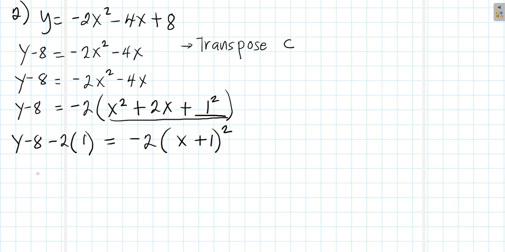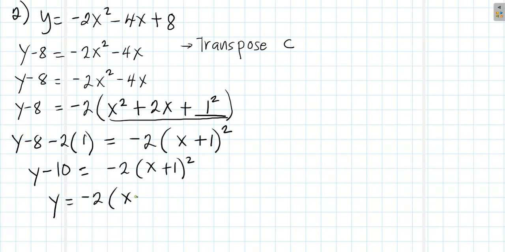So y minus 8 minus 2 is negative 10, equals negative 2 times x plus 1 squared, then y equals negative 2 times x plus 1 squared plus 10. So the vertex is negative 1 and 10. Okay? Negative 1 and 10.